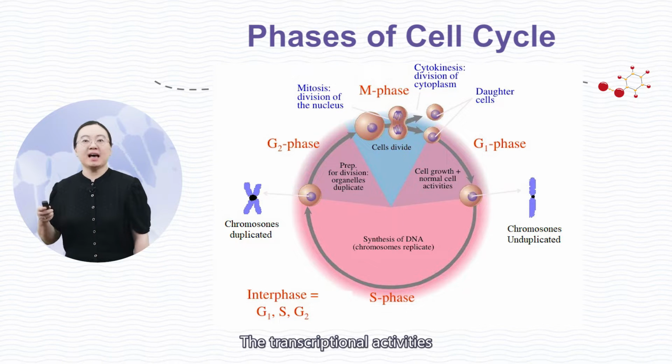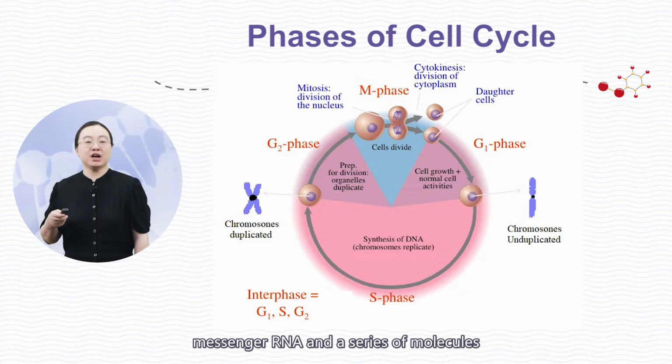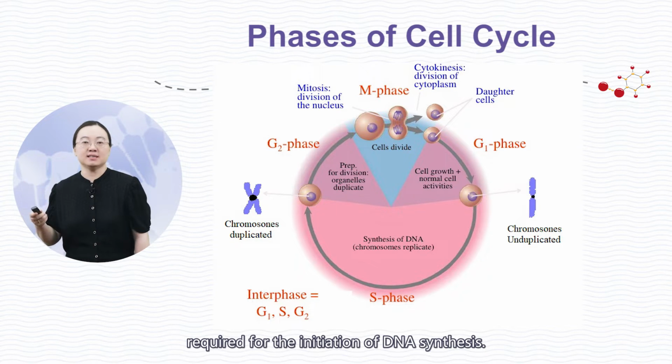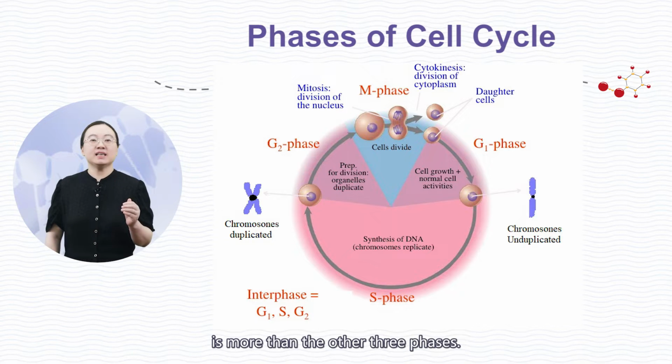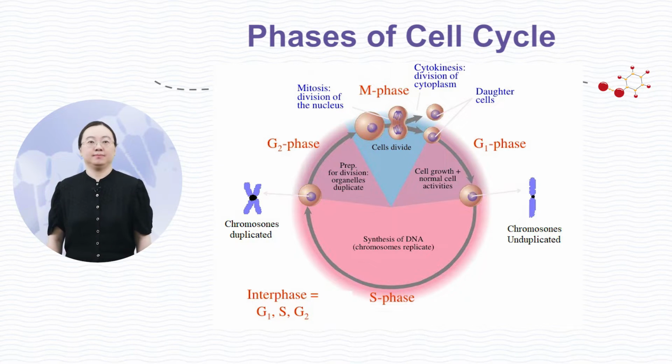The transcription activities result in the synthesis of ribosomal RNA, transfer RNA, messenger RNA, and a series of molecules required for the initiation of DNA synthesis. The length of this phase is more than the other three phases.